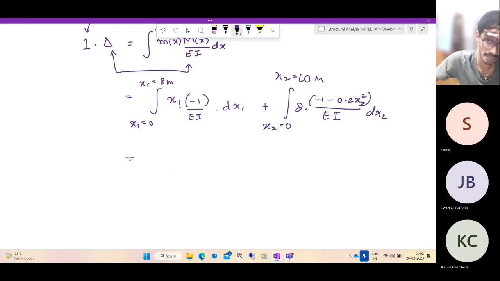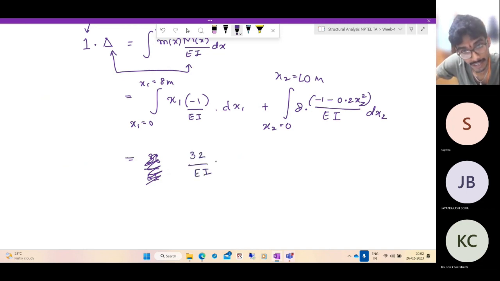Integrate this, you'll get x1 square by 2. X1 square is 8 square, 64. 64 by 2 is 32, so 32 by EI.